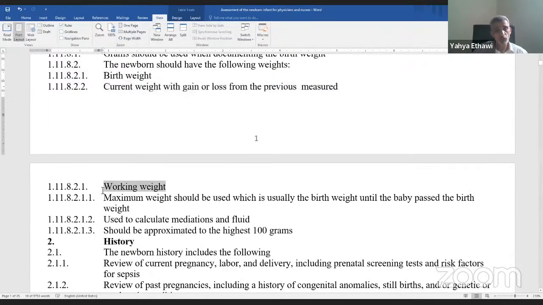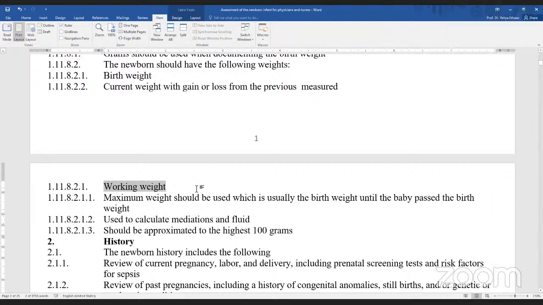We have the working weight, the weight that we use for calculation of medications and other measurements. We use the maximum weight if the baby is not an infant of a diabetic mother and macrosomic, or if the baby is not edematous, because in that situation, we should use the dry weight. So for the working weight, we use the maximum weight and we approximate it to the nearest 100.